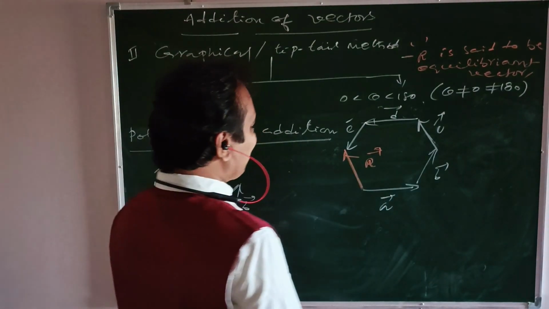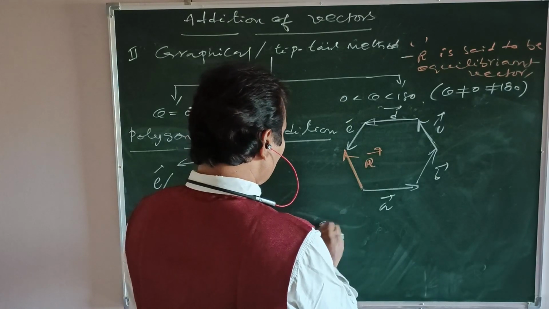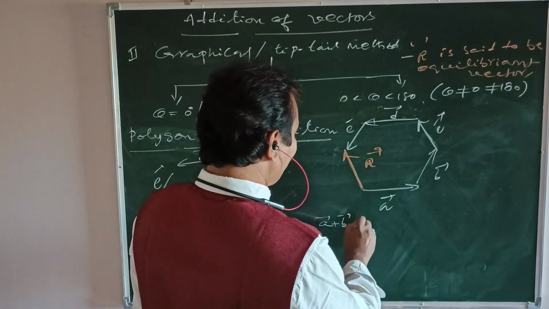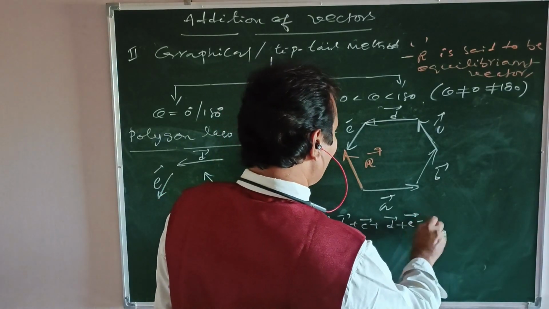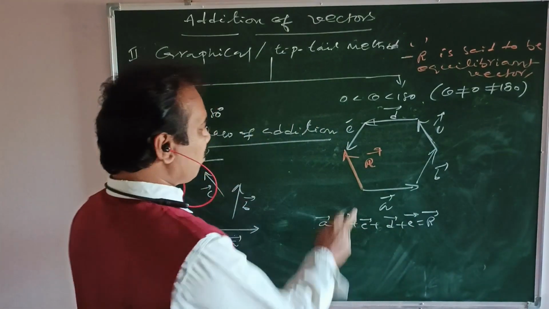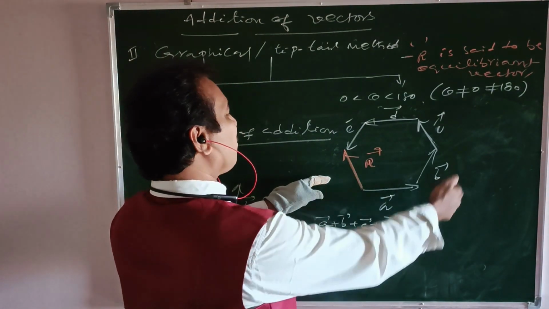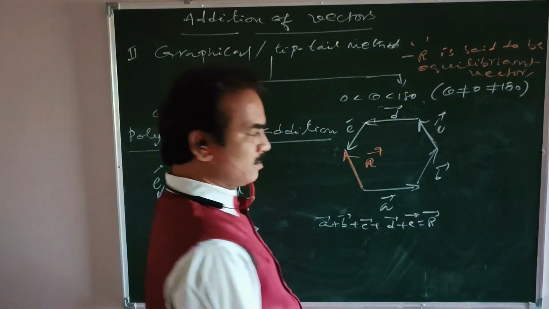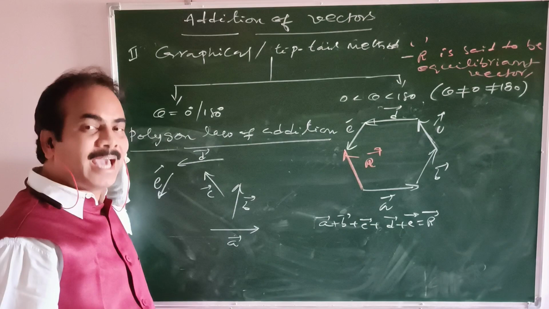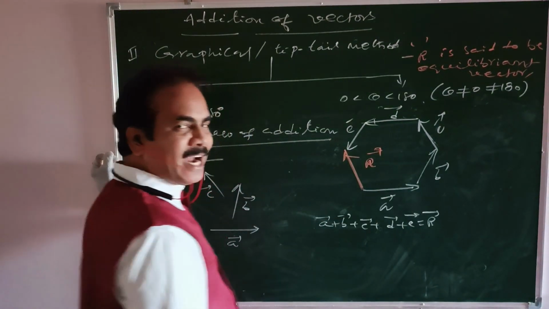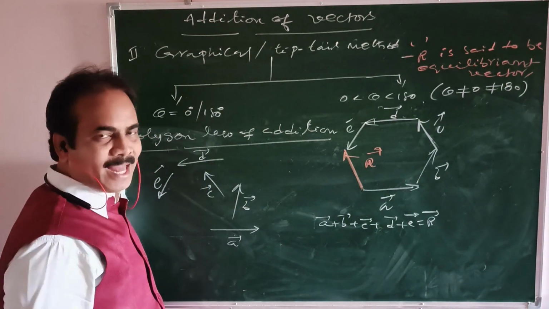Here R bar means A bar plus B bar plus C bar plus D bar plus E bar equal to R bar, right? Means this R bar can replace all parent vectors together such that it has the same effect both in magnitude and direction as the effect given by all individual parent vectors. That is the reason why this is said to be the resultant of all given parent vectors.